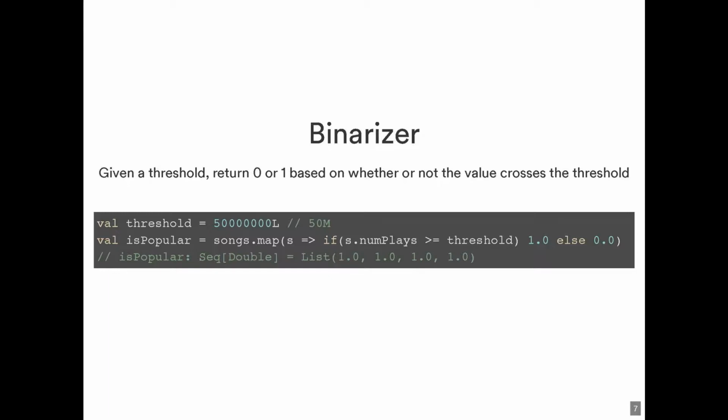Okay, to start with, binarizer. It's a pretty simple concept. Given a feature and a threshold, return 1 or 0 based on whether or not the value in that feature crosses the threshold. Here's some code to make it concrete. So let's say we're looking at whether or not songs are popular.